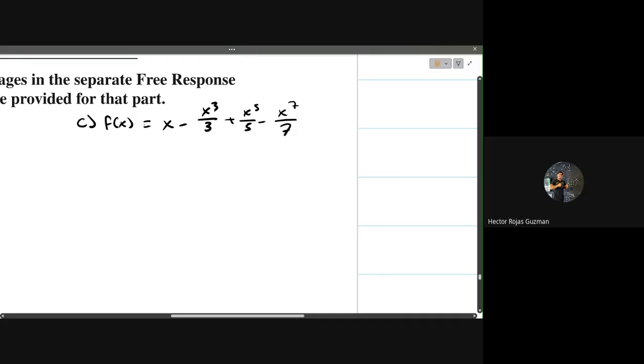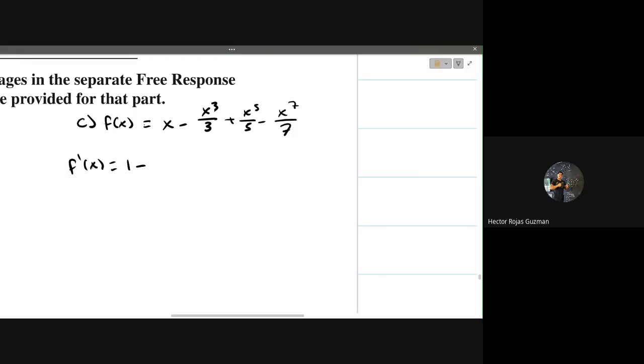So again, just take a derivative. 1 minus, when I bring the 3 down, it's going to cancel with the 3 in the denominator. Minus x squared plus x to the 4th minus x to the 6th. The first 4 non-zero terms.